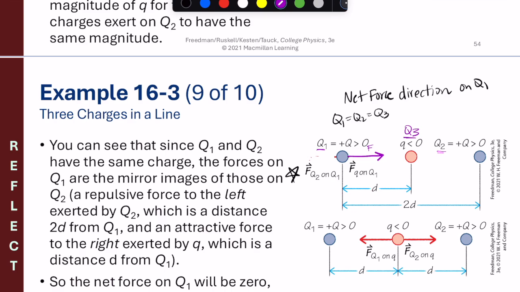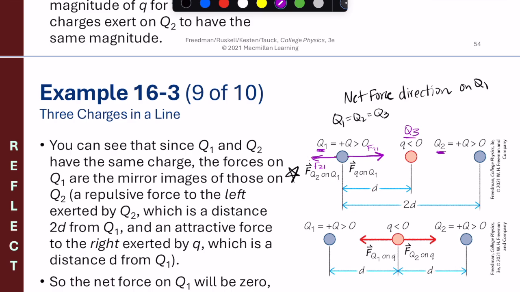So that's going to be F3 on 1. So now what about Q2? What effect does Q2 have on Q1? Well, they're opposite charges, okay? I'm sorry, they're not opposite. They're both blue. They're the same sign charges. And so Q1 is going to want to move directly away from Q2, right? So F2 on 1 will be to the left.